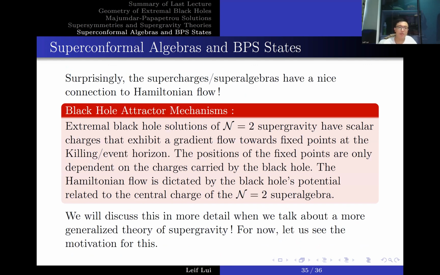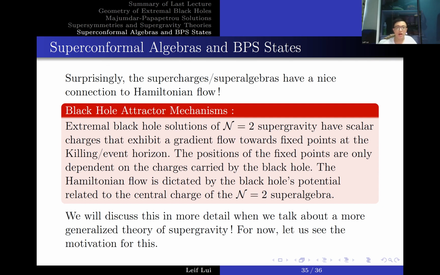So surprisingly, superconformal charges and superconformal algebras have a nice connection to Hamiltonian flow. I will talk about this later when I actually do a lecture on supergravity, but this has a connection to something called black hole attractor mechanisms.